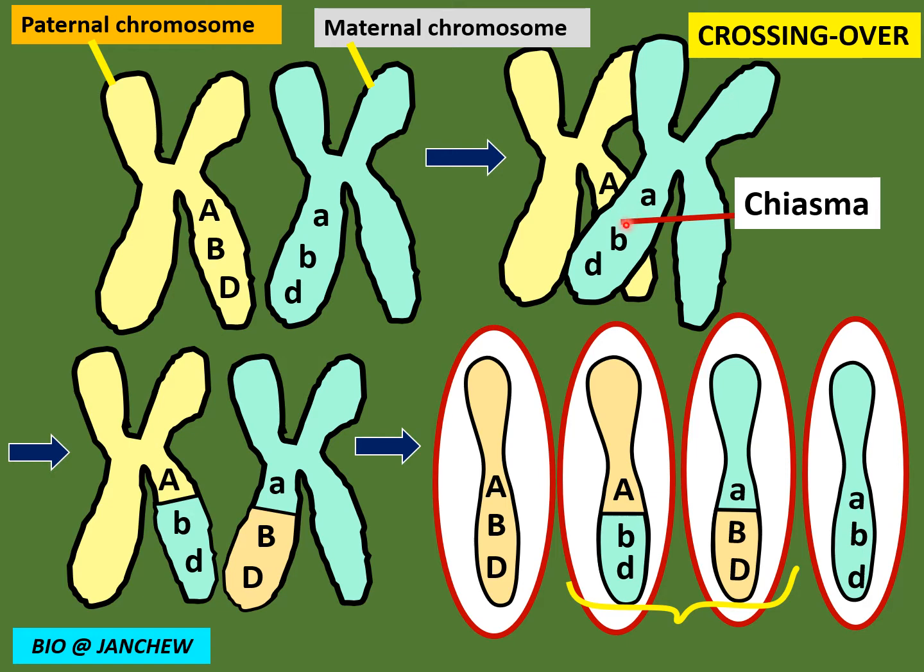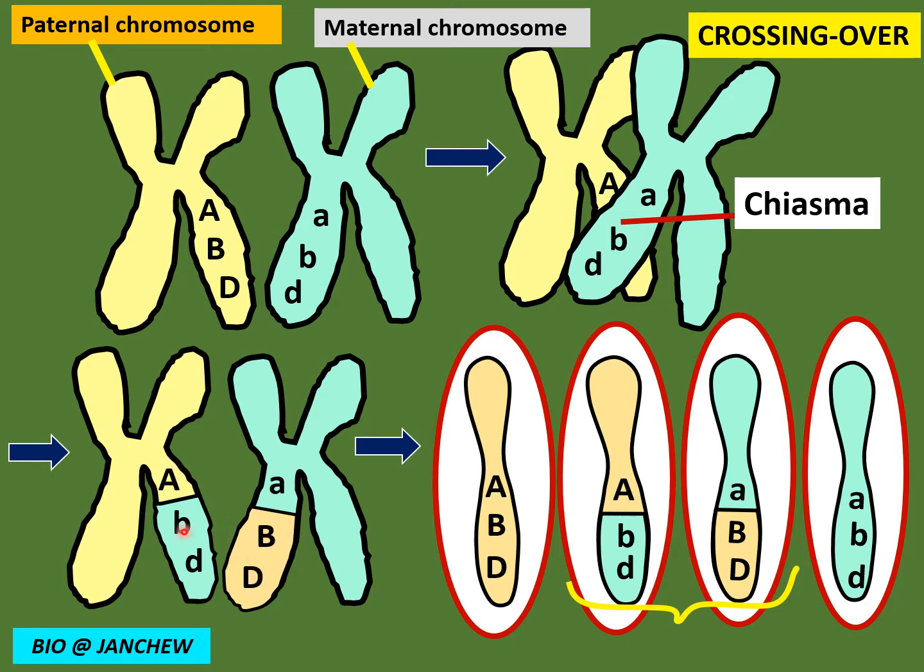All right, then the chromatids will break off, the segments will break off and rejoin to a different chromosome. So now father's chromatid contains a segment of the mother's chromatid with the recessive alleles. And mother's chromatid here contains a segment of the father's chromatid with dominant alleles.